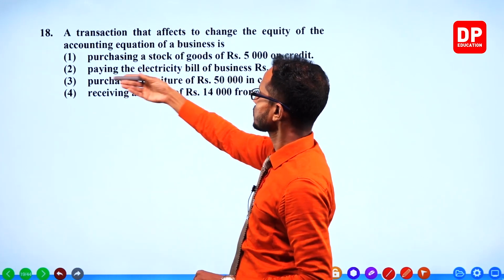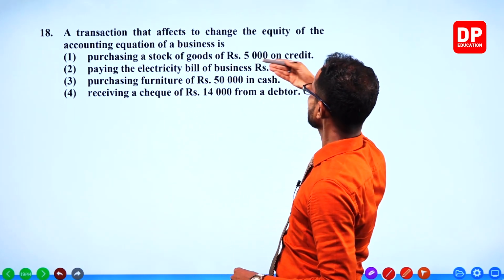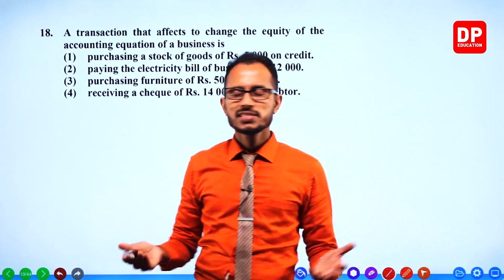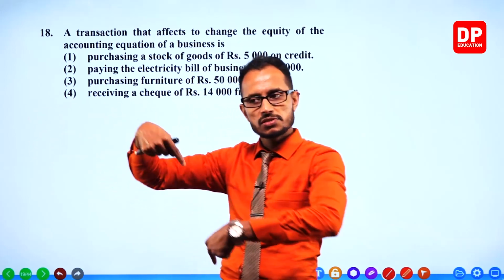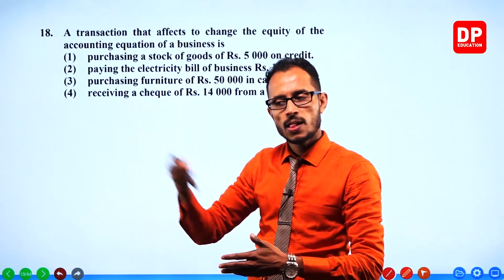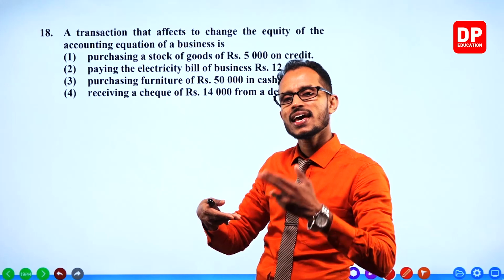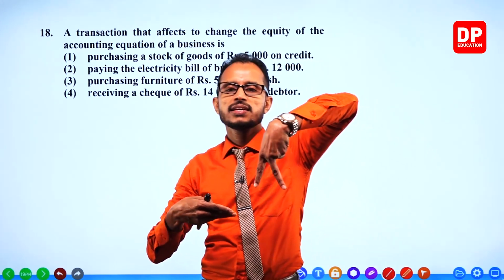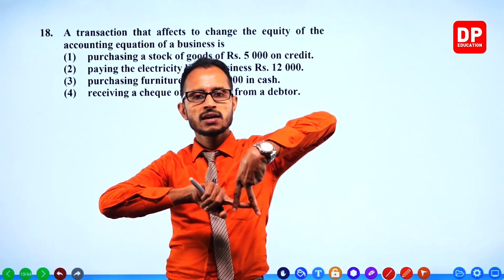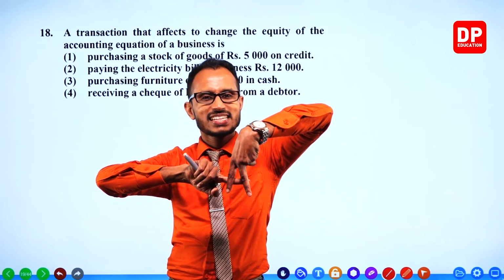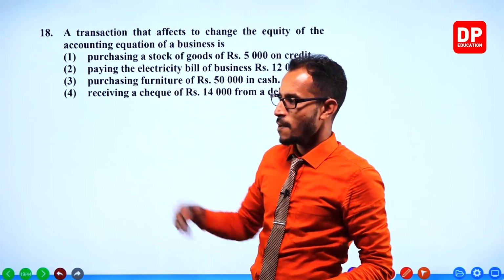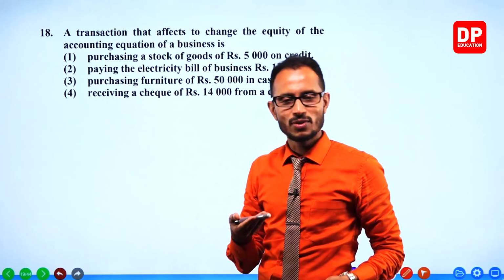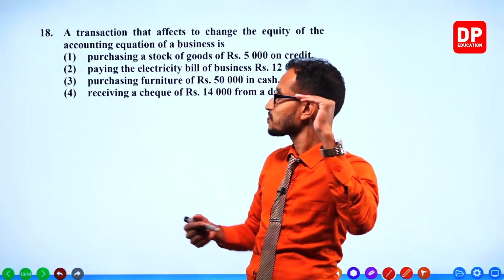Purchasing a stock of goods of 5,000 on credit. Purchasing, we are buying goods to the business. So goods come into the business. That is an asset, right? That is A for assets. Goods bought, so assets increase.